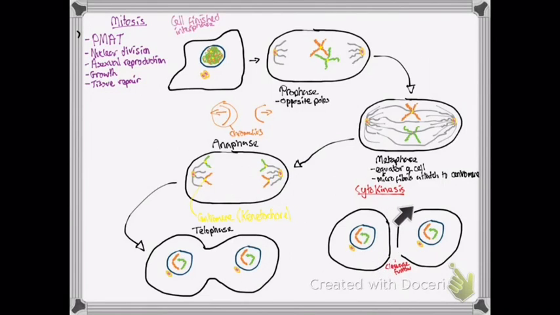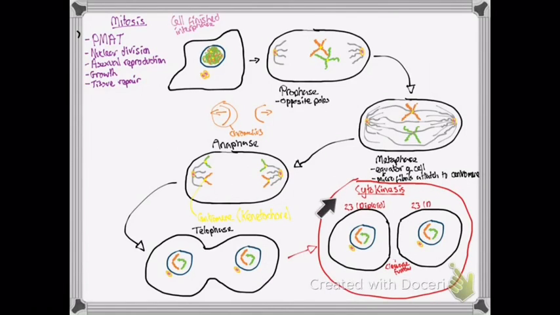I don't really show it in the animation, but then we get two new cells. And let's just remember that we've now got two diploid cells produced, and they're both genetically identical daughter cells. So this one cell has produced two genetically identical daughter cells.